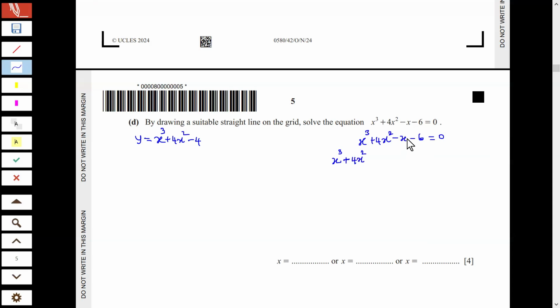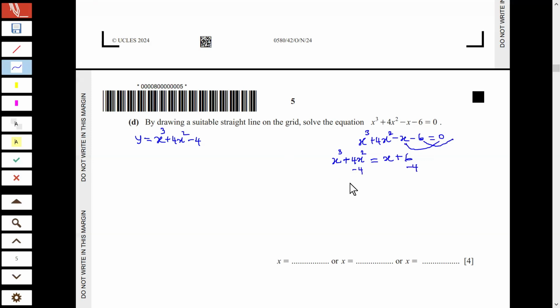Now, I'm going to move the negative x and negative 6 to the right-hand side. It becomes positive x plus 6. And because we're trying to write the same original equation, the only thing missing here is negative 4. So we have to subtract 4 from both sides.